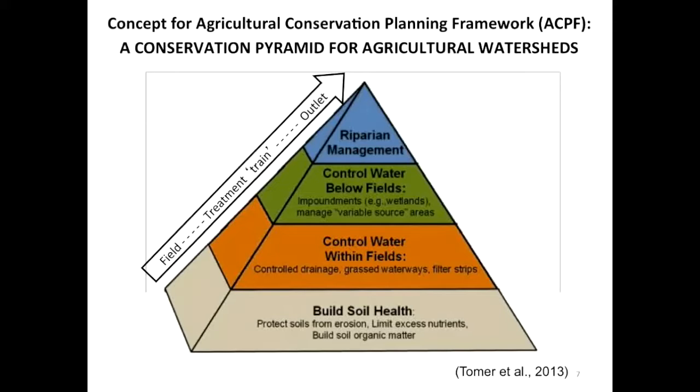And so the more opportunities you've got to slow water down, filter out sediment and nutrients, the better that end result's going to be at the watershed outlet. And so one of the things we're encouraging here is to think about sequences of practices, stacking of practices, and being able to distribute that stacking of practices throughout the watershed to the extent that that's possible.